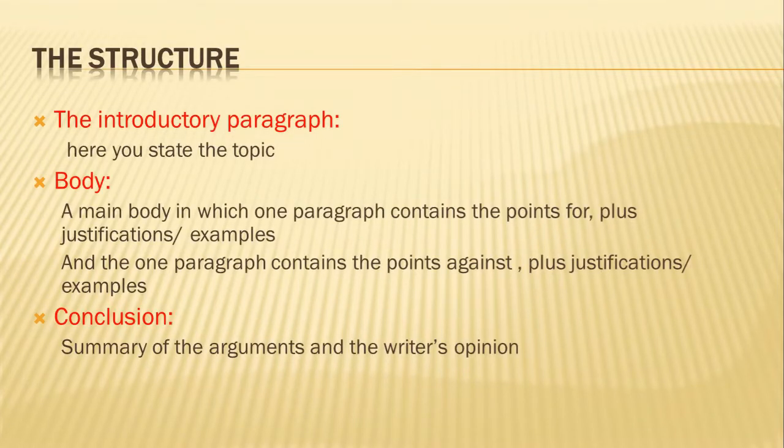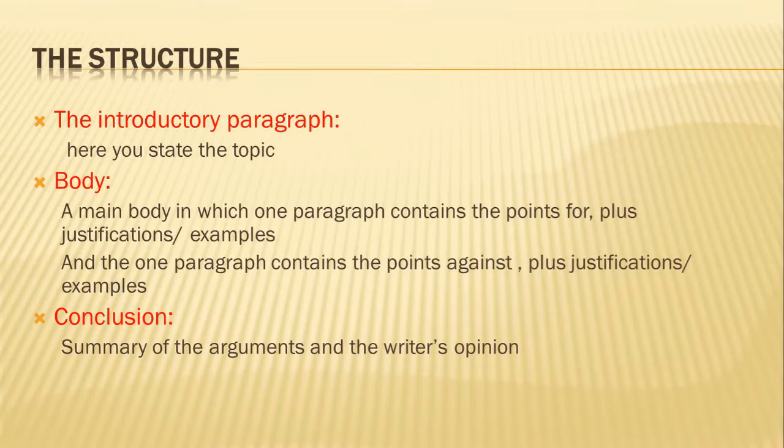The general outline, or the structure, of a for and against essay is this way. Of course, we always need an introduction, or the introductory paragraph. Here, in this paragraph, you should state the topic. Then, the body contains 2 paragraphs at least. A main body in which one paragraph contains the points for, plus, of course, justifications and examples.